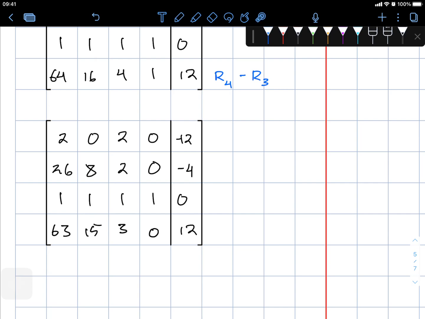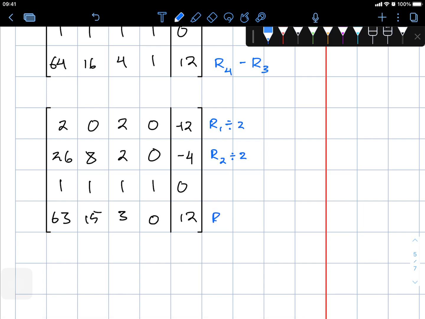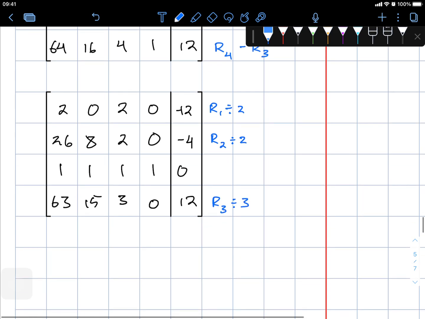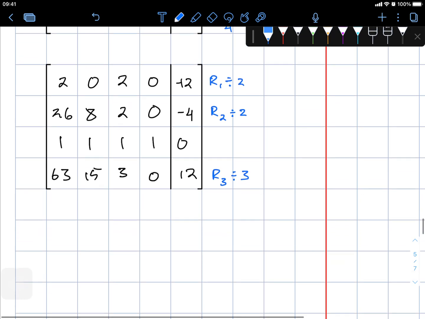I can see that I can divide row 1 by 2. I can divide this by 2 as well. And I can divide this one by 3. So let's operate those first.